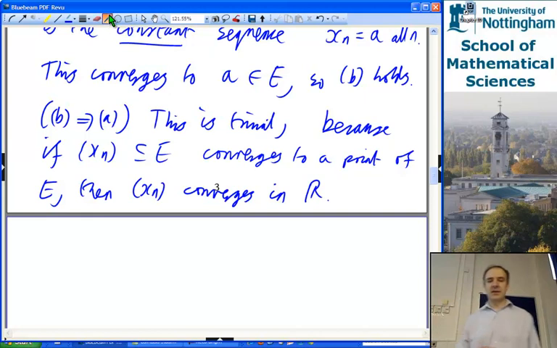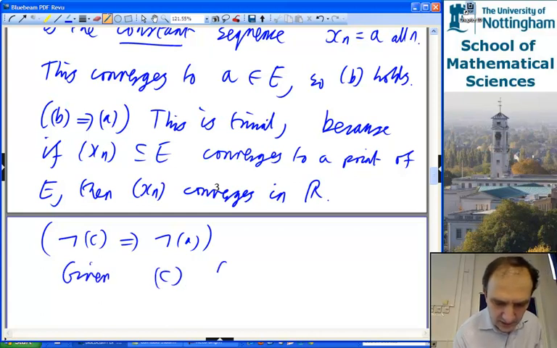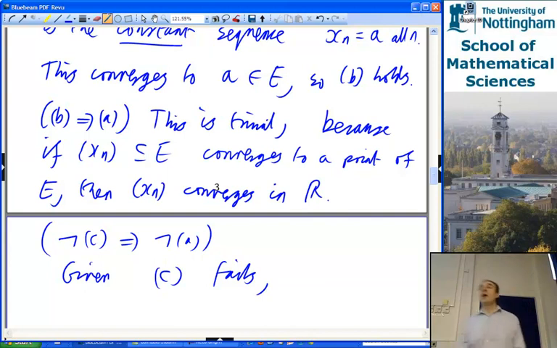If I say not C implies not A, that means if E's got at least 2 points, then there's some bad sequence in it. So now I'm going to do not C implies not A. Given C fails, just to remind you, E was assumed non-empty, and now we're told that E doesn't have exactly 1 point either, so E has at least 2 points.